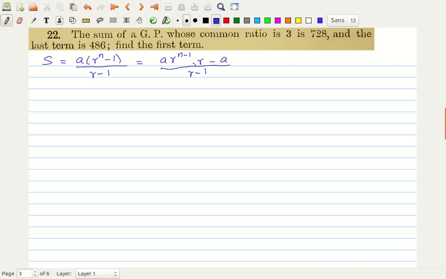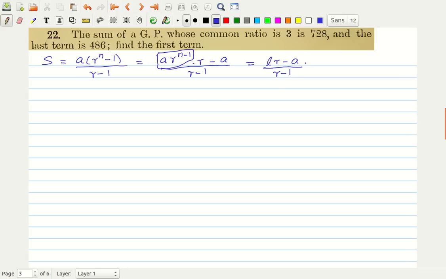Now I am again breaking this a r to the power n as a times r to the power n minus 1 times r. There is a reason I am doing this, because this expression I can write as the last term. Okay, this is the last term of the GP. So this we can write as last term times r minus a divided by r minus 1.